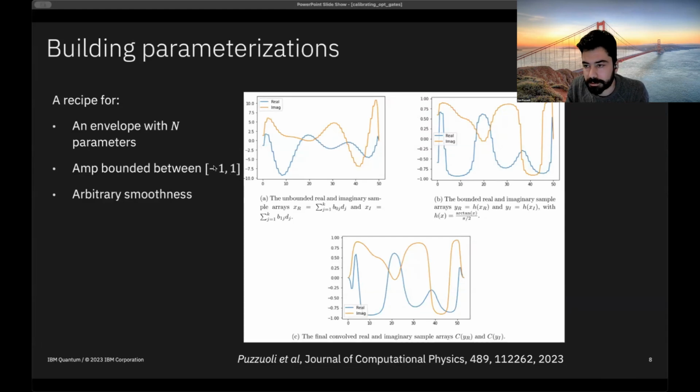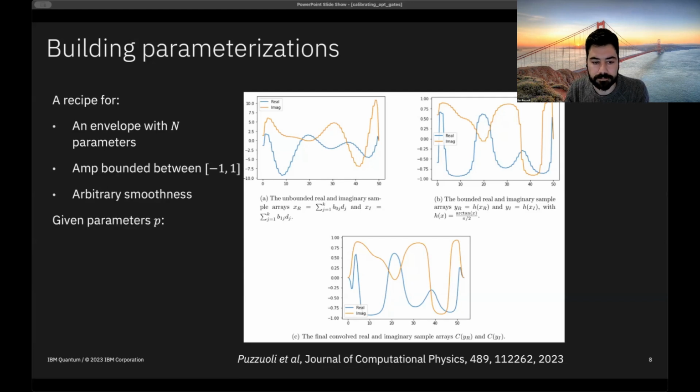This could be any interval, but you want them to live within some range. You also want them to have arbitrary smoothness, some smoothness level that you want them to satisfy. I'll explain in a second how we get that; it's defined by how you convolve with something later.